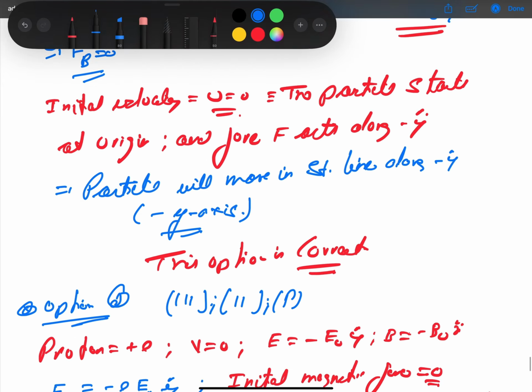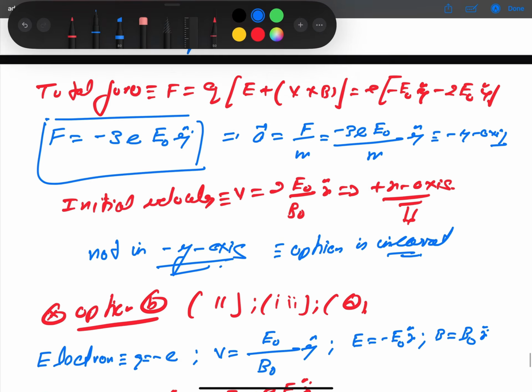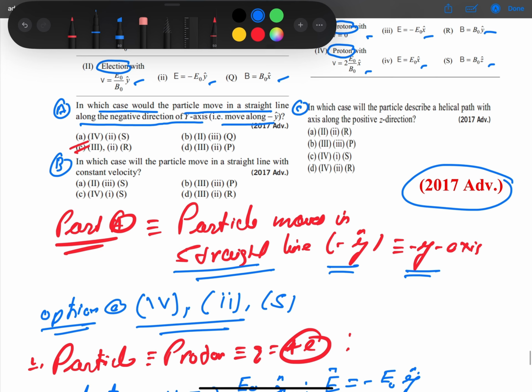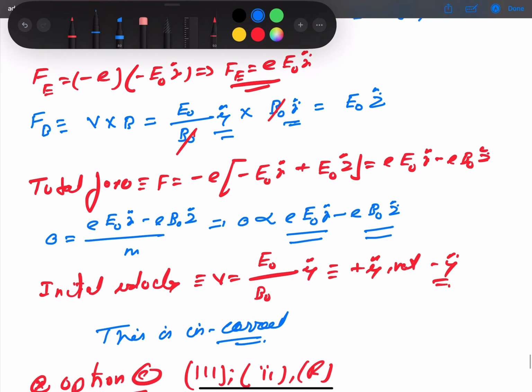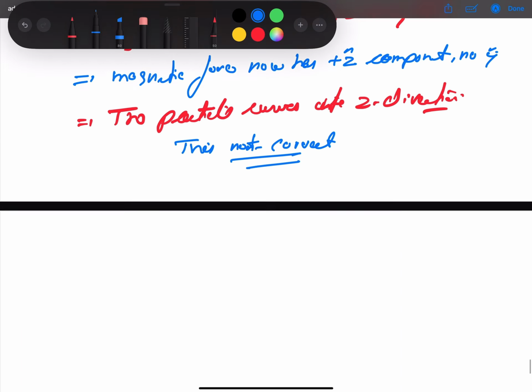and in part B it says that the particle moves in a straight line with a constant velocity. So once again we are going to make an analysis for all the given options.